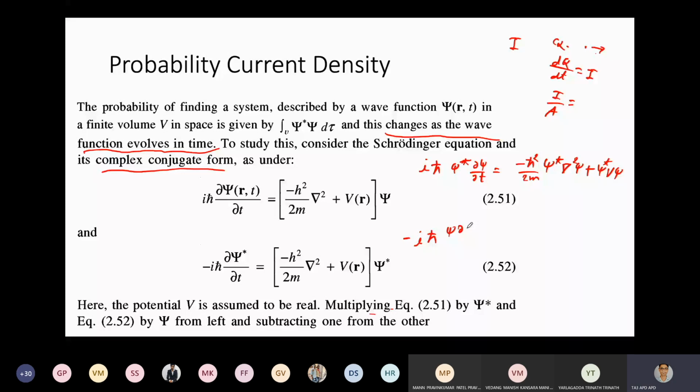This is equal to minus ℏ² upon 2m into psi into del square psi star, plus psi V psi star. So we have psi V psi and psi star.